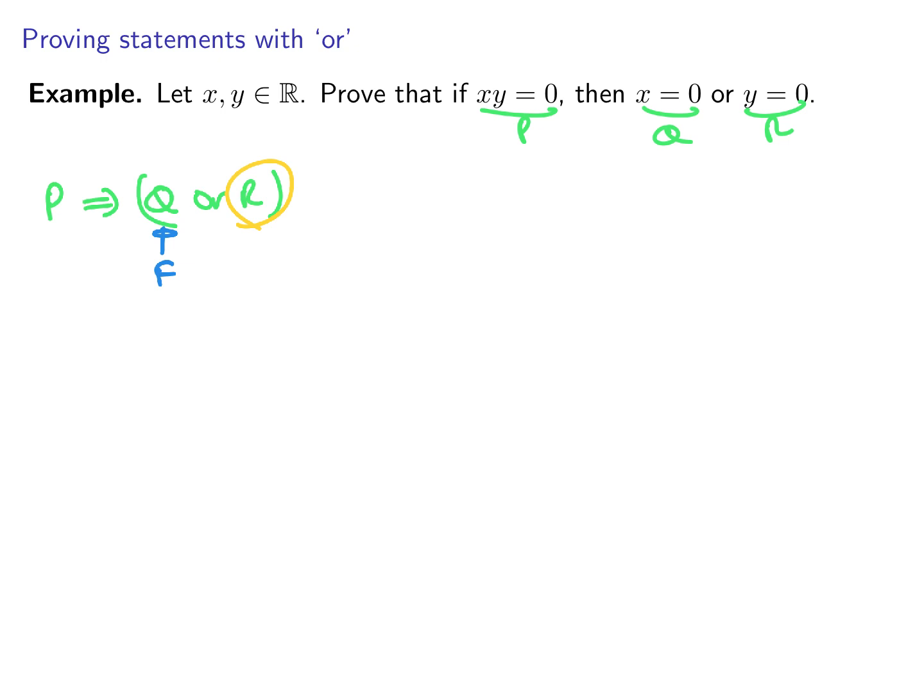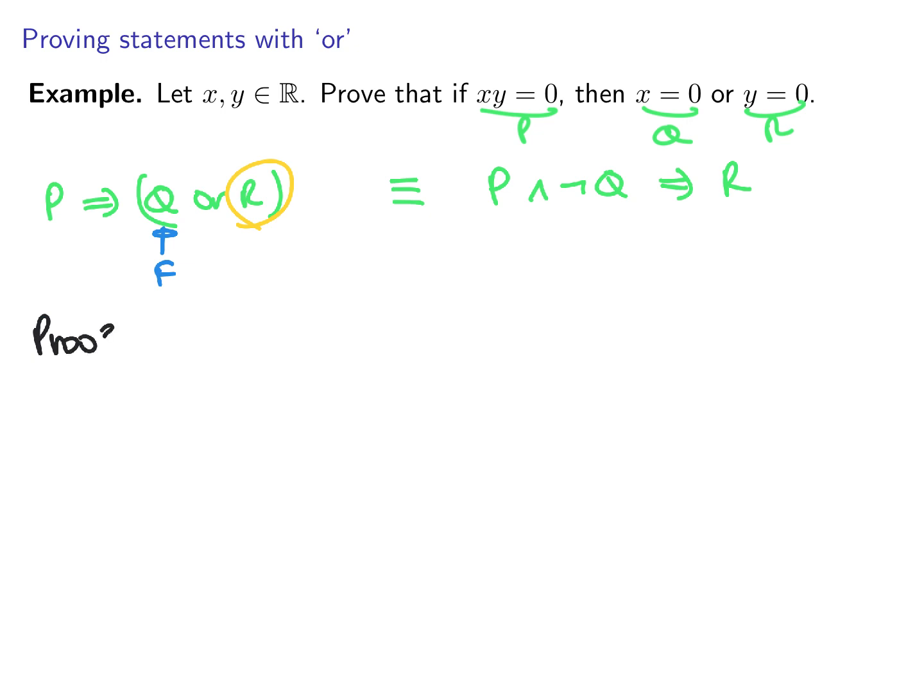Okay, so that's basically the idea, right? In fact, you can actually show that this statement, P implies Q or R, is equivalent to the following. P and not Q implies R. Okay, you can show that these two statements are equivalent. I'm not going to show it here. Let's leave that for you as an exercise.